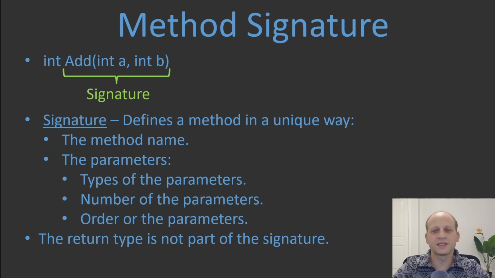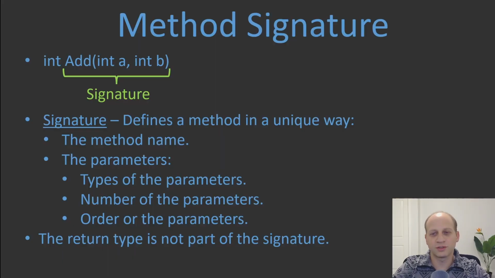How can we distinguish one method from another? Of course, the name of the method is one of those factors. But what if we have two methods with the same name? In such a case, we can distinguish between them by the parameters they receive. Not the name of the parameters, but their type, number of parameters, and order.